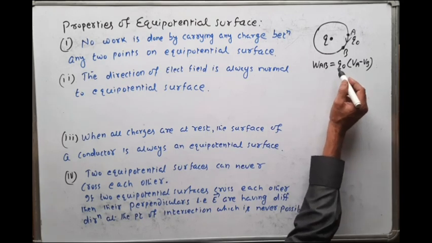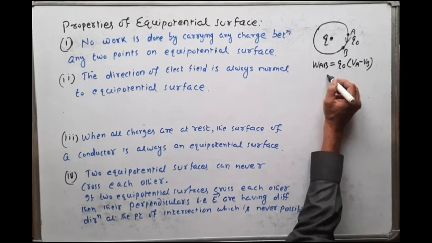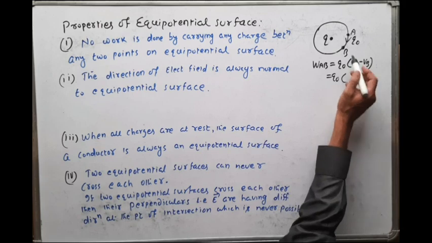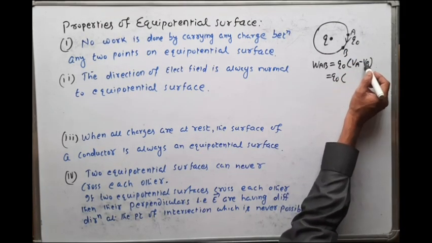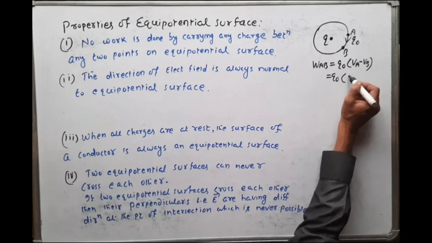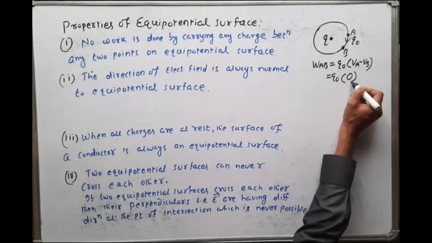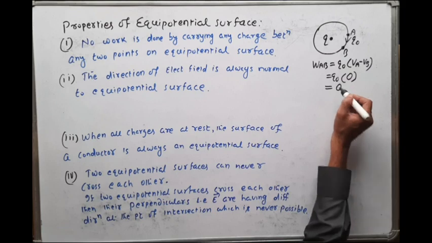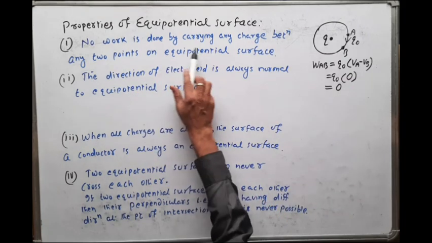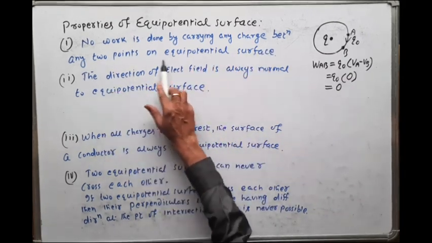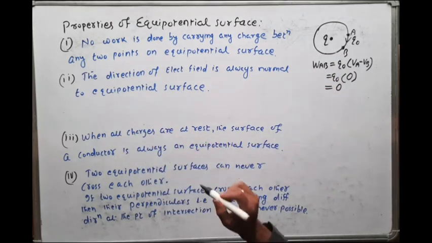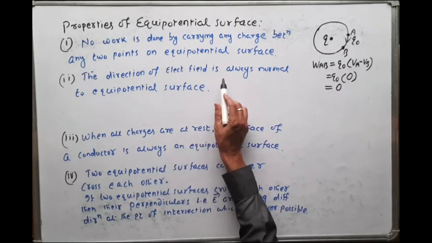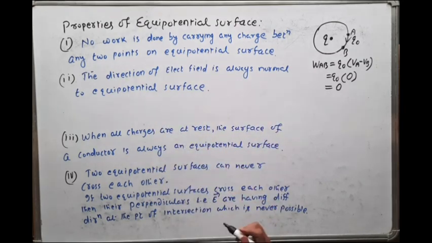Let the magnitude of the charge be Q naught. Since it is an equipotential surface, potential at A is equal to potential at B. That means the potential difference is equal to 0, so work done is equal to 0. So no work is done by carrying any charge between any 2 points on an equipotential surface. Clear? Second point: the direction of electric field is always normal to equipotential surface.